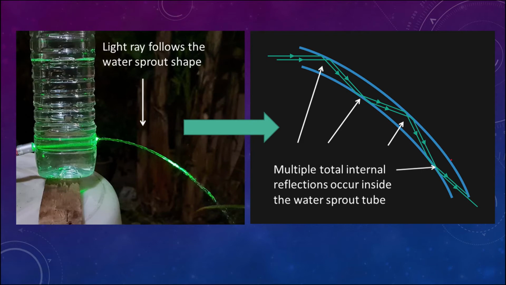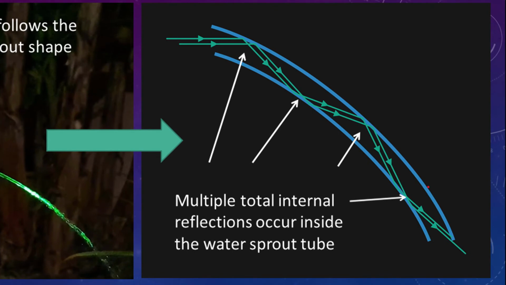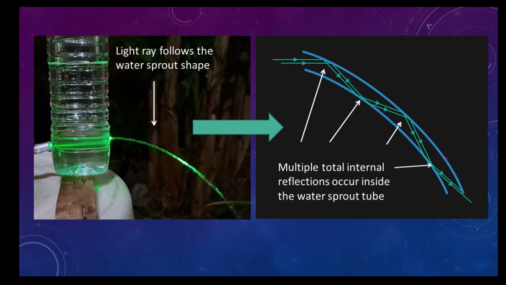As a result, the light undergoes total internal reflection and bends within the water column. At another water-air boundary, another total internal reflection occurs, and the process repeats until the end of the path of the falling water. The figure on the right shows roughly how the ray travels in the water spout.